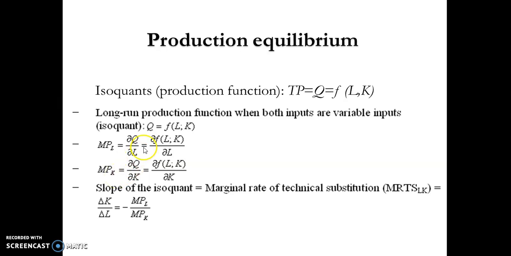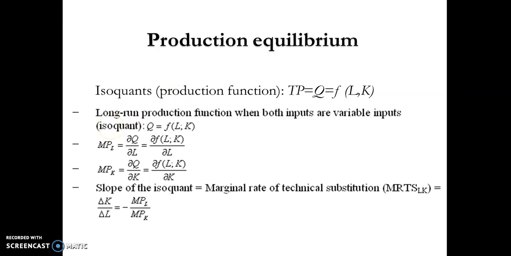Similarly, the partial derivative of this output function with respect to labor gives us the rate of change of output with respect to labor, and it is called the marginal product of labor.